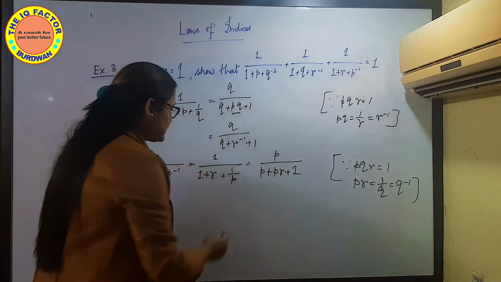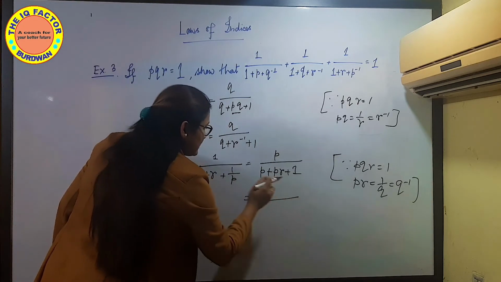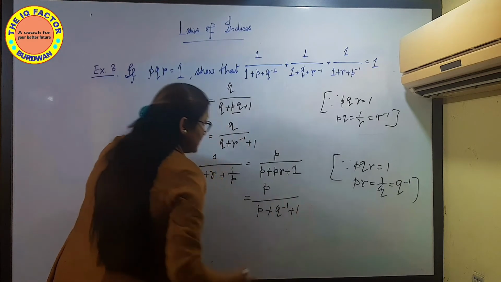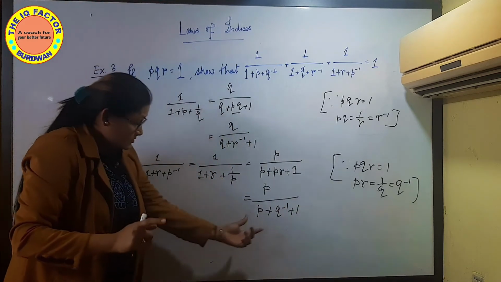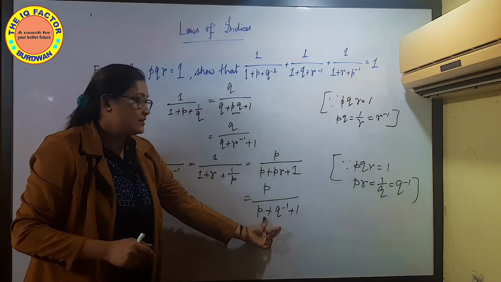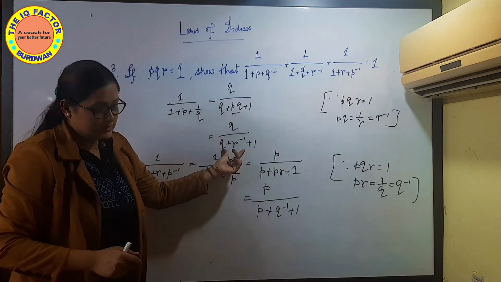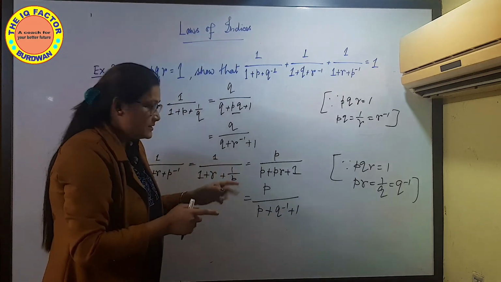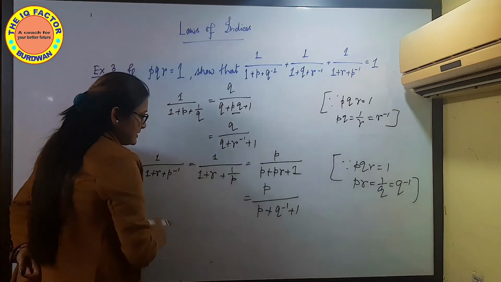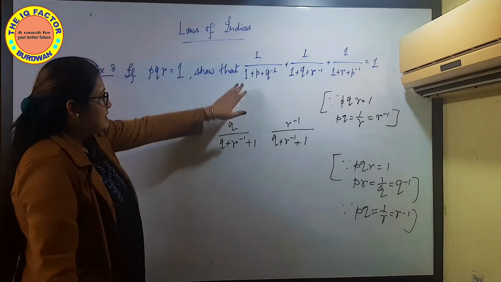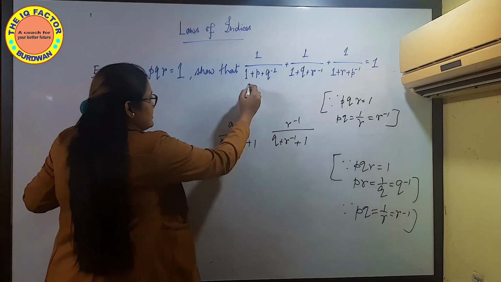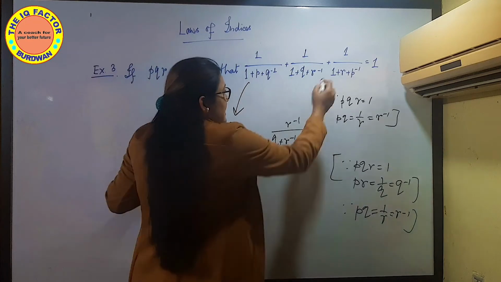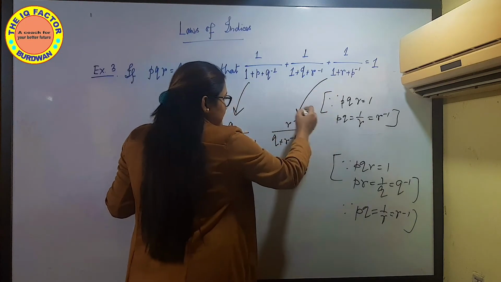So P plus PR is Q inverse plus 1. But still the denominators are not the same, so we have to make them the same. So after simplifying the first expression we have got this, we have kept the second as it is, and after simplifying the third expression we have got this.